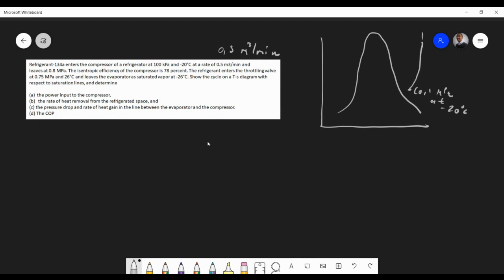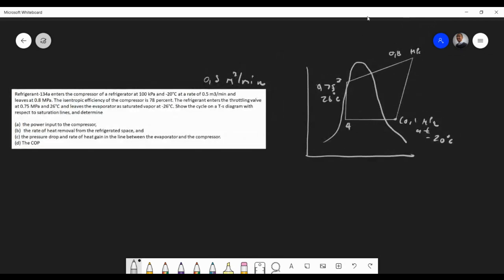And it goes up and leaves at 0.8 MPa, which is essentially this line over here, like that. So something like that, yeah. Okay. It enters a throttling valve at 0.5, so that means 0.5 MPa, and this is at 26 degrees, right?